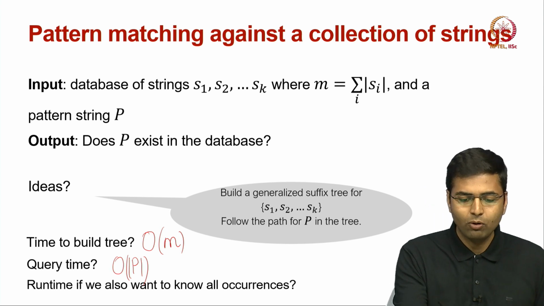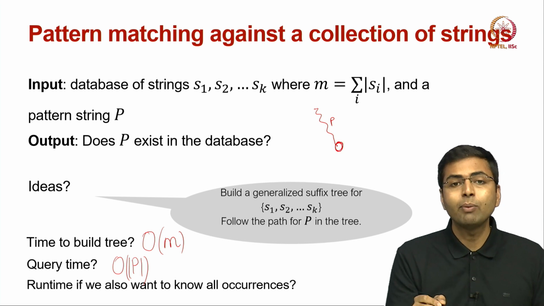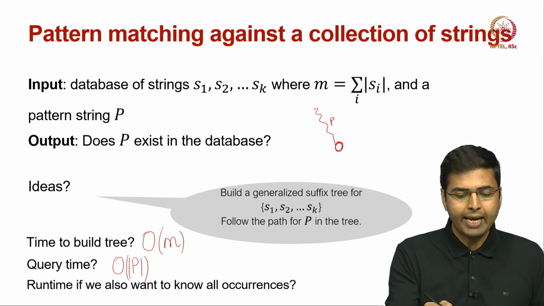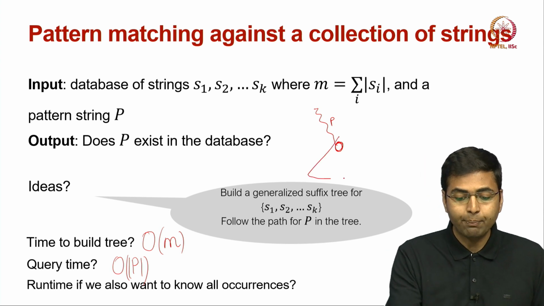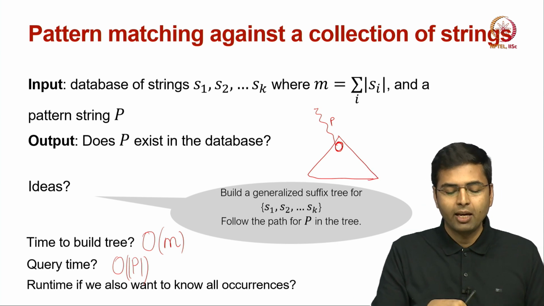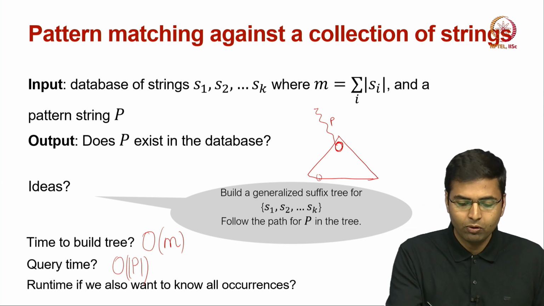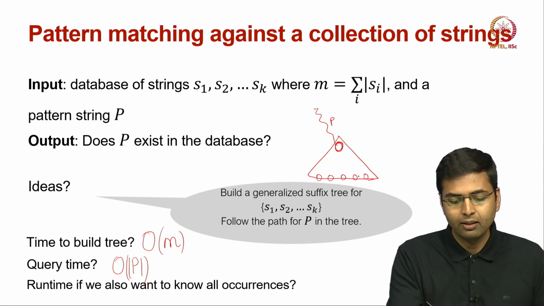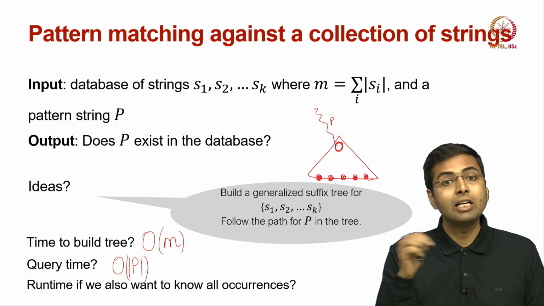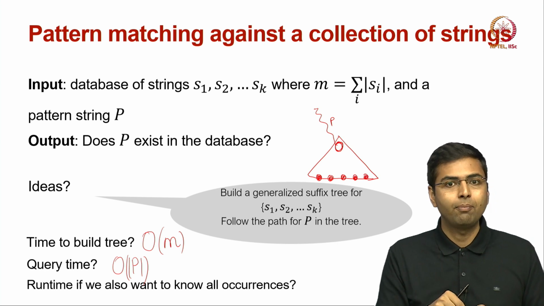Once I have located the pattern p in this generalized suffix tree, and suppose my search ended at an internal node somewhere, or it may end at a leaf as well, then I have to look at the subtree below that node, and inside the subtree I have to report all the leaf nodes, because all the leaf nodes correspond to distinct suffixes in these strings. So, each leaf node corresponds to an occurrence of the pattern.